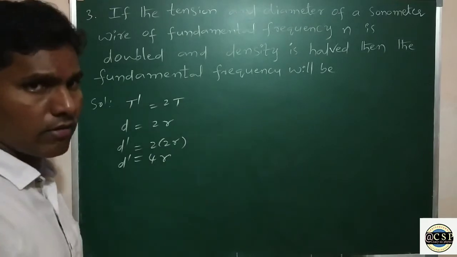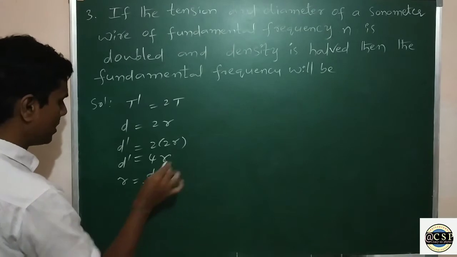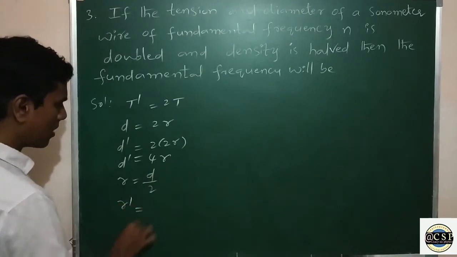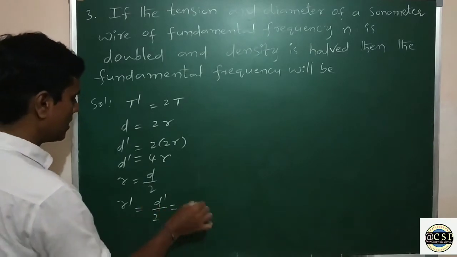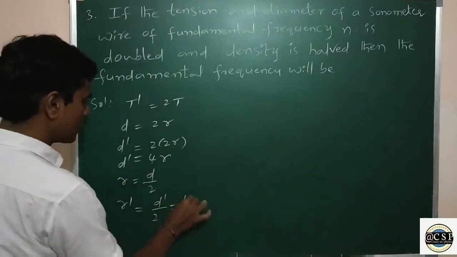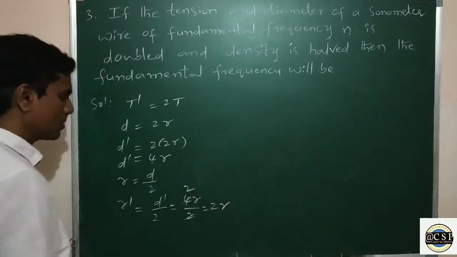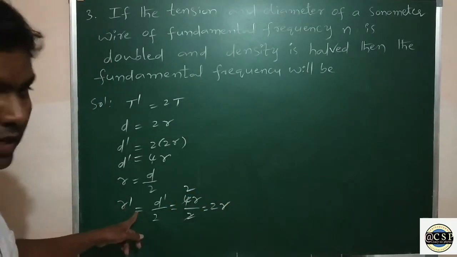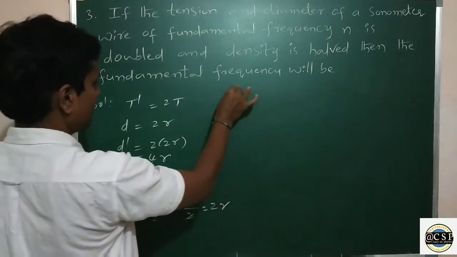The radius R is D by 2, so the new radius R dash is D dash by 2, that is 4R by 2, which is 2R.